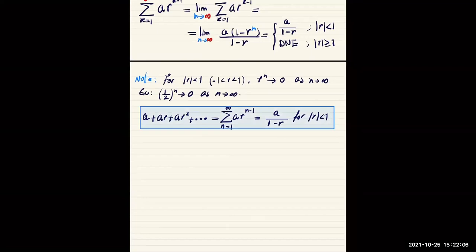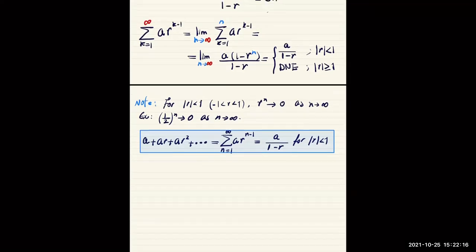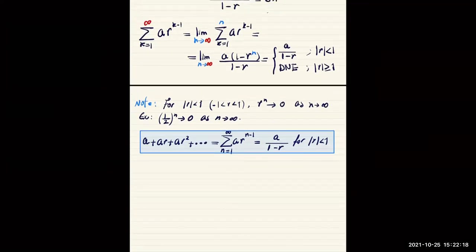Yep. So let's see if we could do an example. Yeah, so keep in mind what would happen if r is not in this interval. If absolute value of r is more than 1, then imagine r is 2. If r is 2, then this thing is gonna blow up. The terms get bigger and bigger.